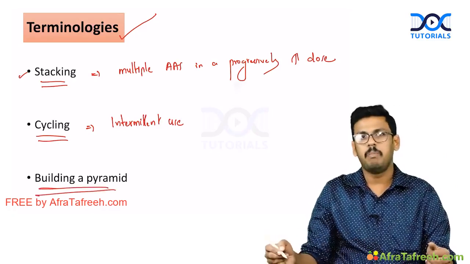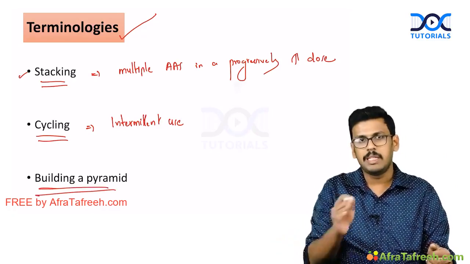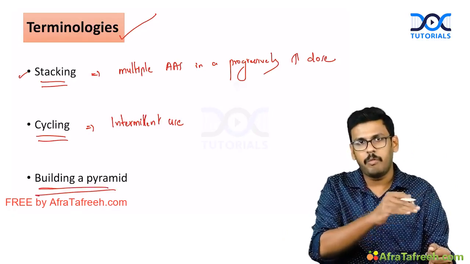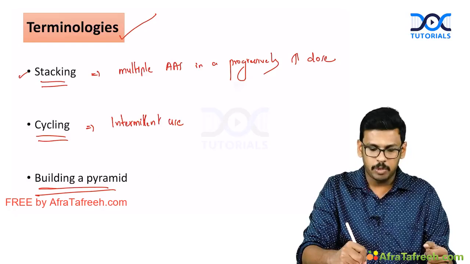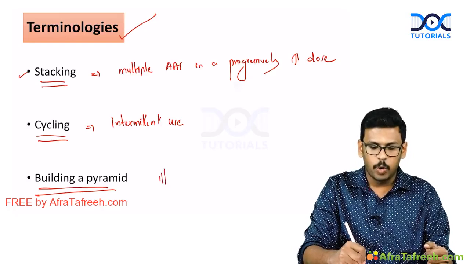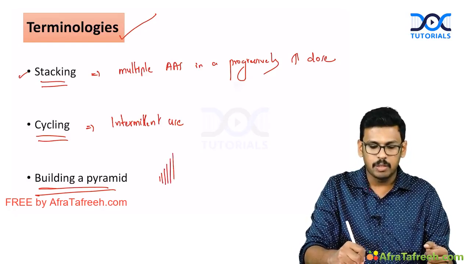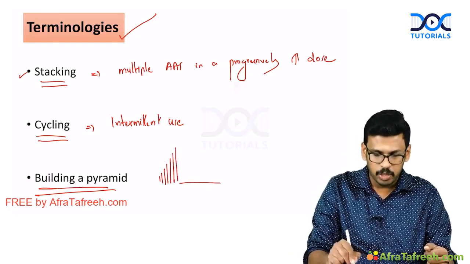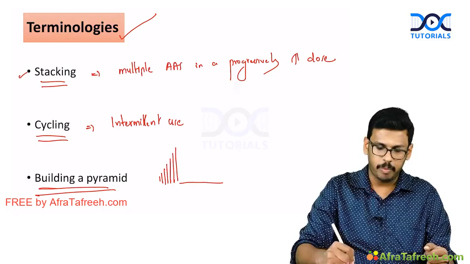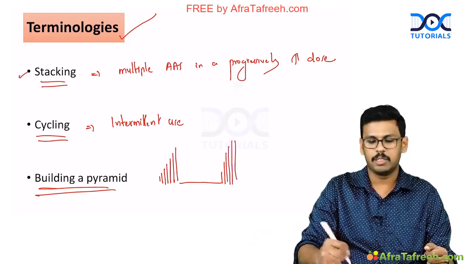Then what you call building a pyramid. You know that in cycling, there is a period of usage followed by a period without usage. And in the period of usage, they would start at a lower dose and then slowly increase the dose of this anabolic medication. Then they would stop it for some time and again restart it with progressively increasing dosage.